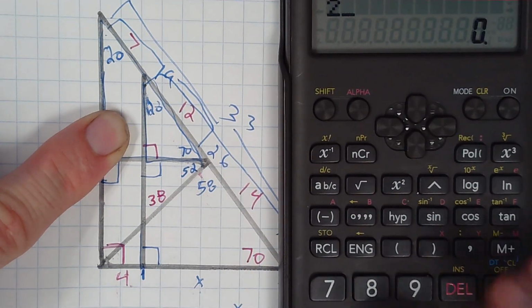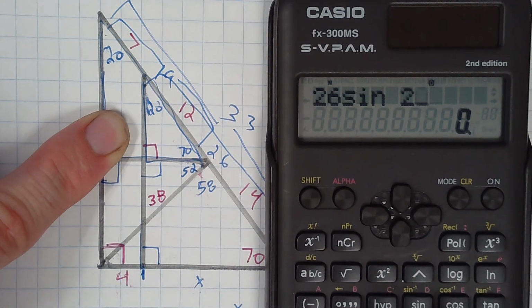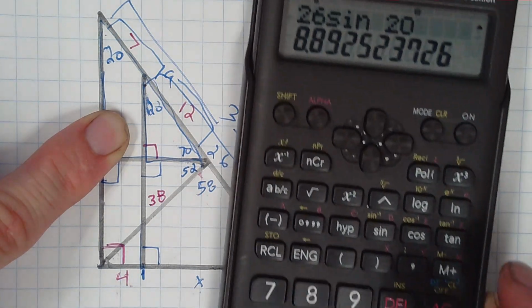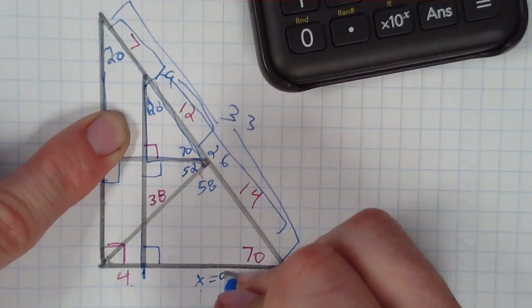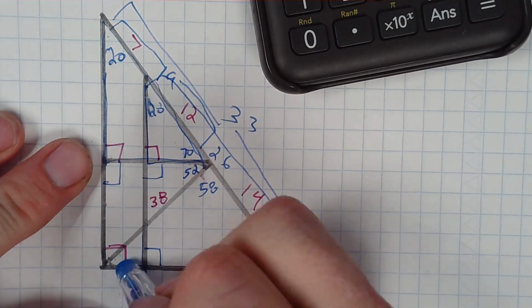So 26 times the sine of 20 equals 8.9. So this is now 8.9. Okay? So I'm going to erase this one.